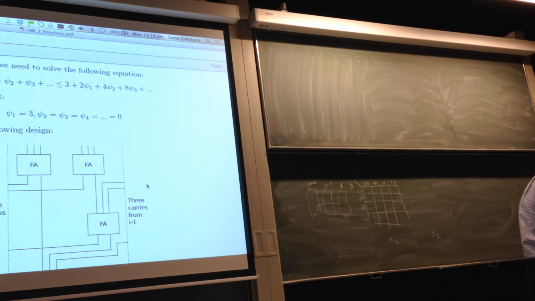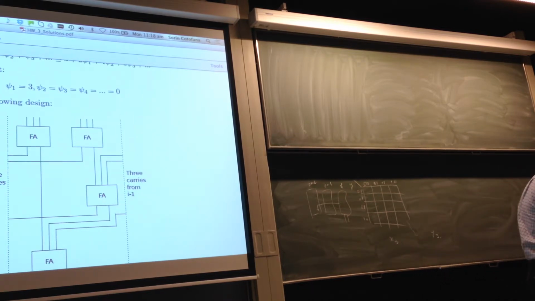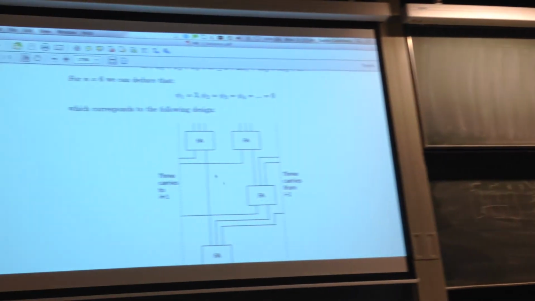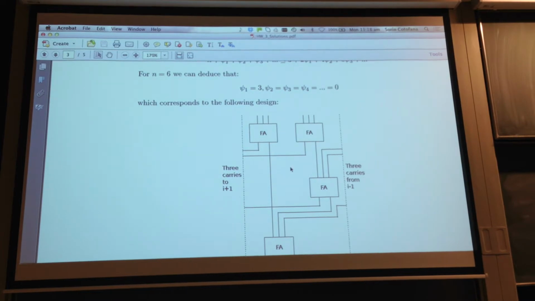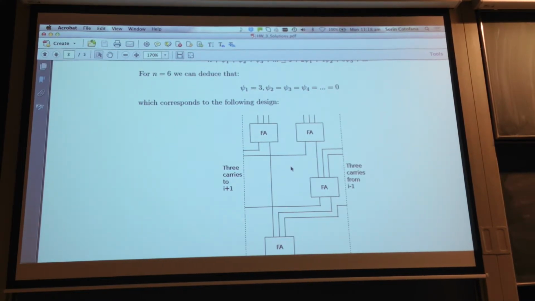And I would say that practically this full adder will get these two inputs and nothing coming from here, and the rest will be the same. That's my guess for the design, but I would advise you to try it.